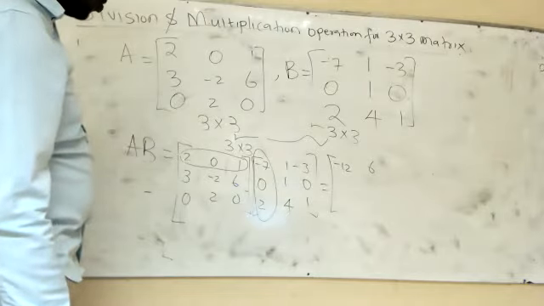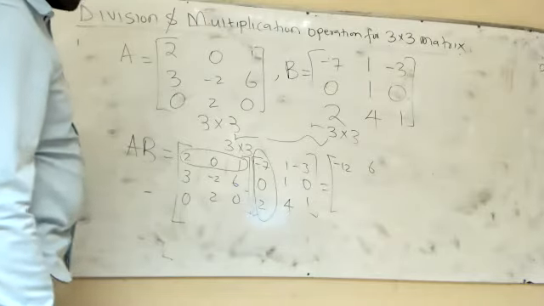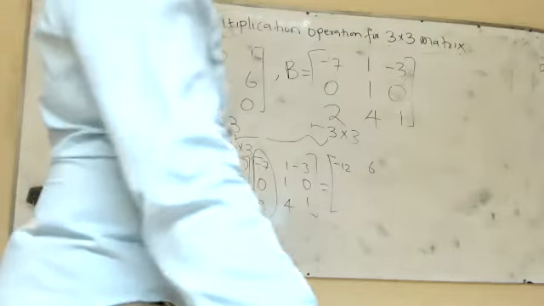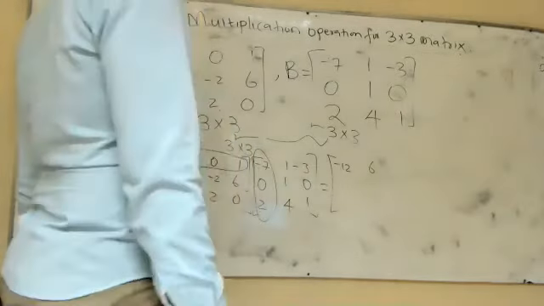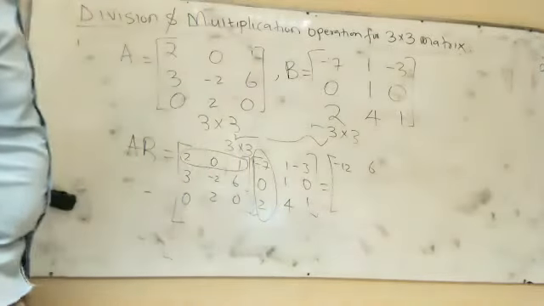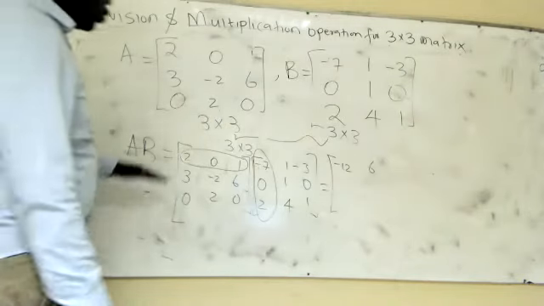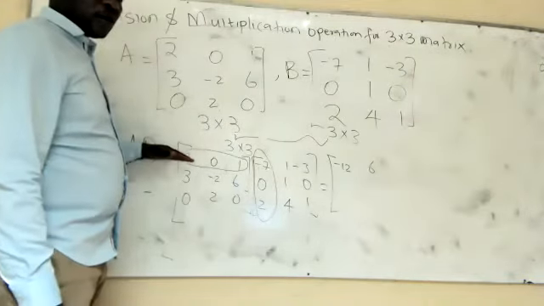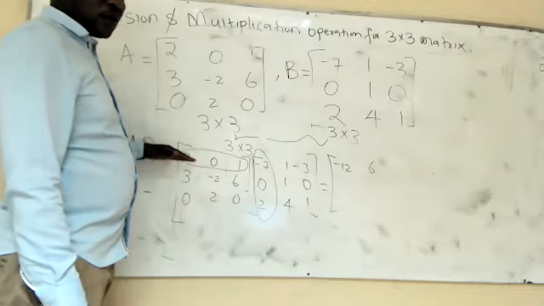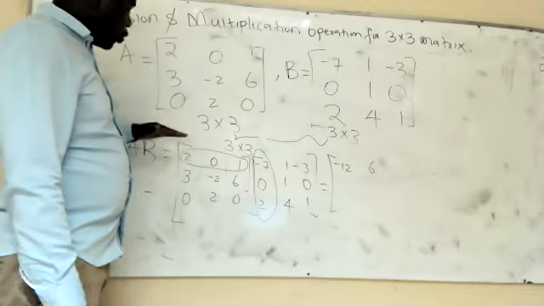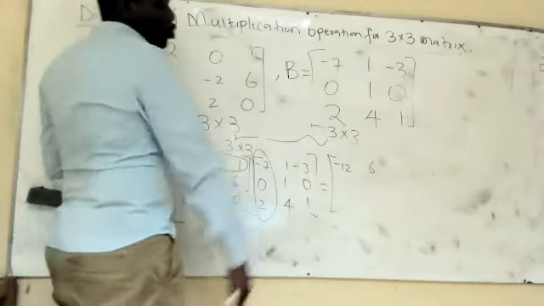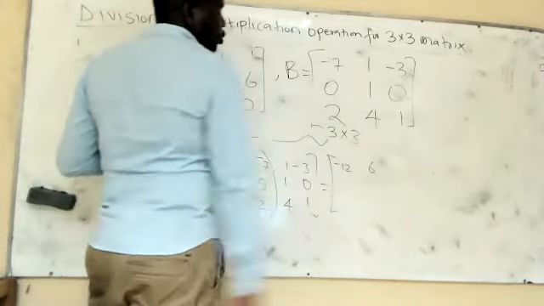Which one are you getting now? Now I'm on row 2 with column 2. No. You are still on row 1. You are on row 1 with column 2 in order for you to get component 2.